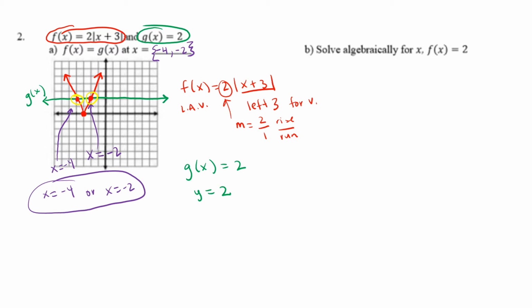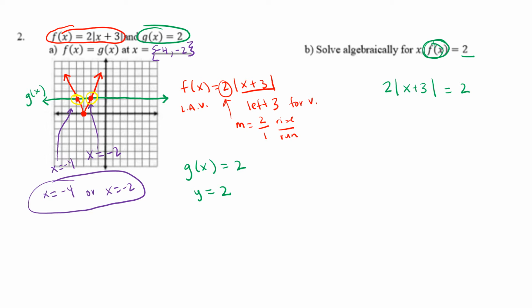Again, now we'll pop over here and solve that same exact equation algebraically to show you that it matches up. So now this is kind of set up a little bit differently, not exactly the same. It says solve algebraically for x, f of x equals 2. They already have the equals 2 done. We know that f of x from this beginning problem is 2 absolute value x plus 3 equals 2, and we can solve that.